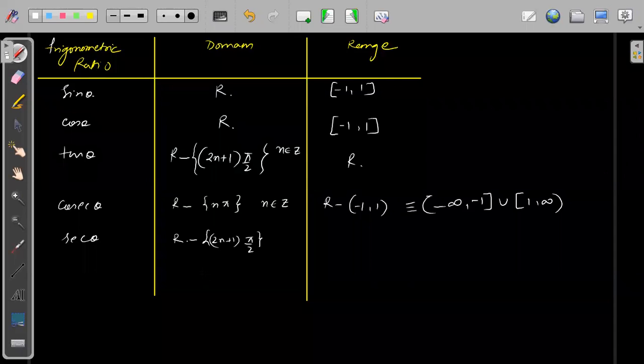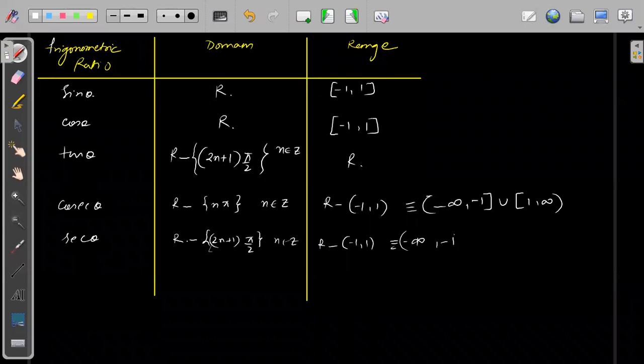So 1 by 0 should be removed, where n belongs to integer. What will be the range of sec theta? Range of sec theta will be exactly the same as the range of cosec theta, that means R minus (minus 1 to 1), or minus infinity to minus 1 union 1 to infinity, right?